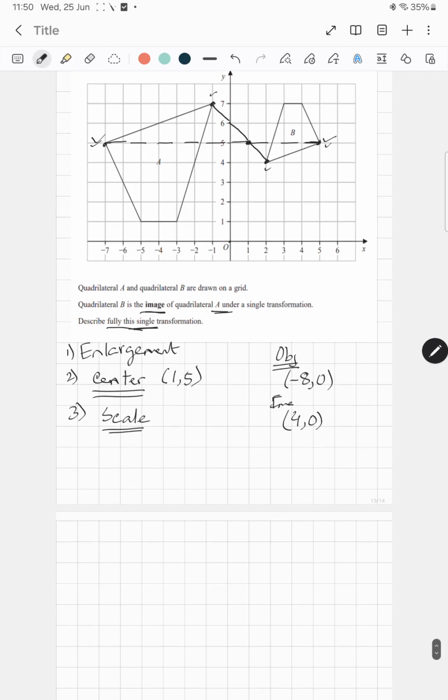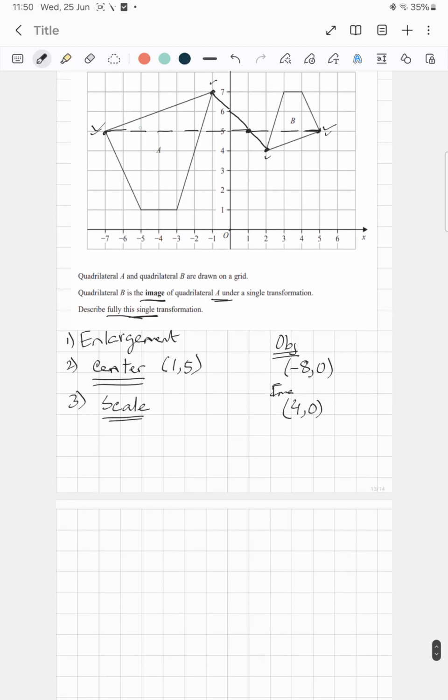Now, since this has got smaller from bigger, you can remember like this: you always try to divide the image by the object. So if I am dividing image by the object, this will be 4 divided by minus 8, which ultimately will give me minus half.